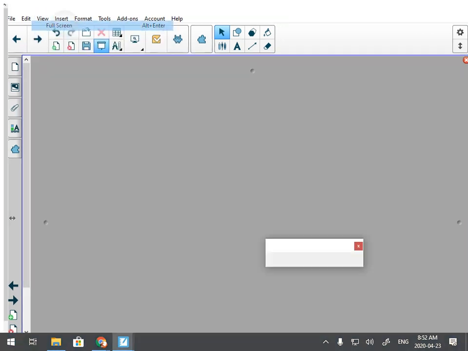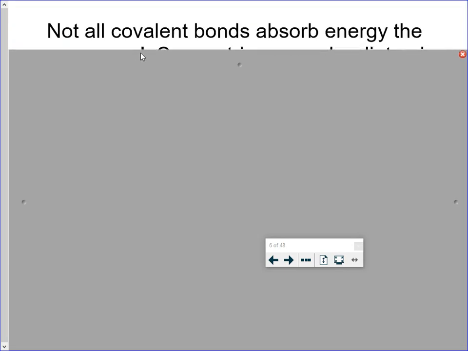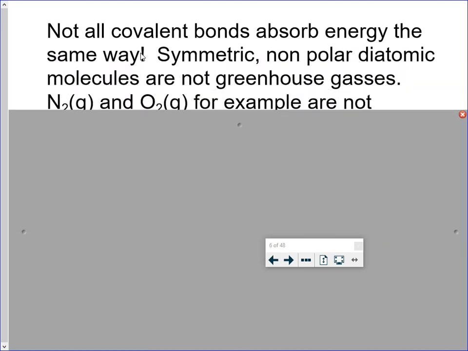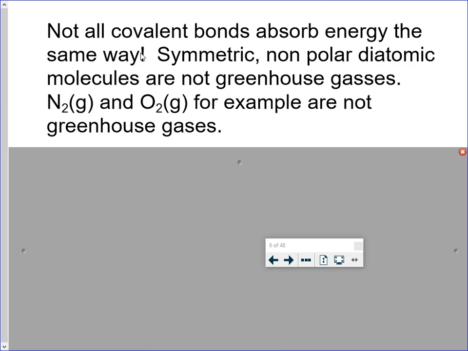So just to finish up this quick little mini lesson, because there's not a lot here, not all molecules absorb energy the same way. And some molecules are not greenhouse gases. Nitrogen and oxygen are not greenhouse gases. So most of our environment that we breathe, nitrogen and oxygen, comprises almost 100% of our atmosphere, doesn't do anything with greenhouse gas physics or chemistry.